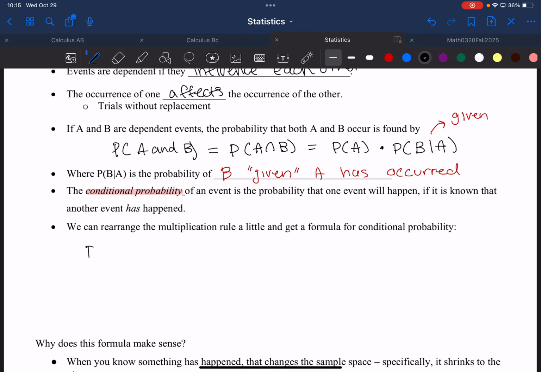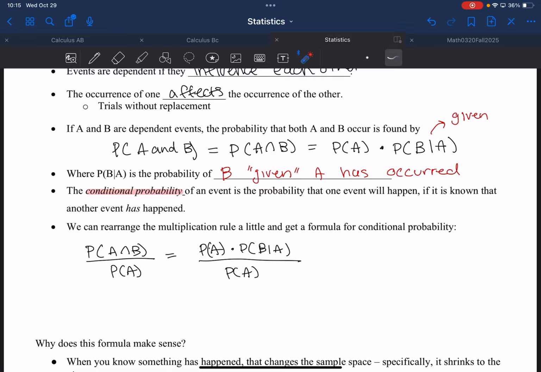So we have the probability of A intersection B over the probability of A, which is equal to the probability of A times the probability of B given A over the probability of A. All they did is take the probability of the intersection, which we have up here, and divide it by the probability of A. When you plug this in, what happens to both of these probabilities of A?